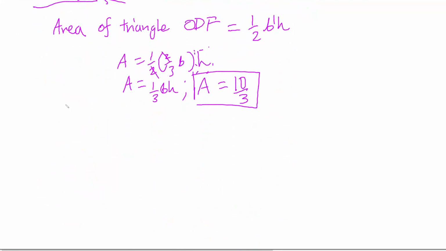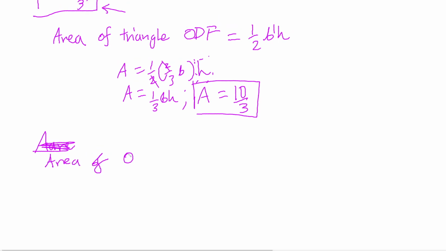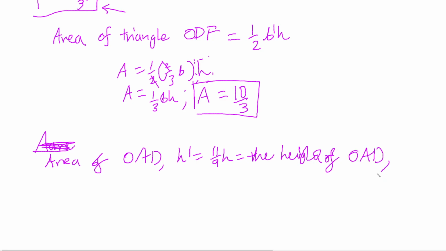So finally, we want the area of triangle OAD, where h prime is 11/9 h, the height of OAD in terms of just square units. But we only know square units in terms of the old b and the old h.